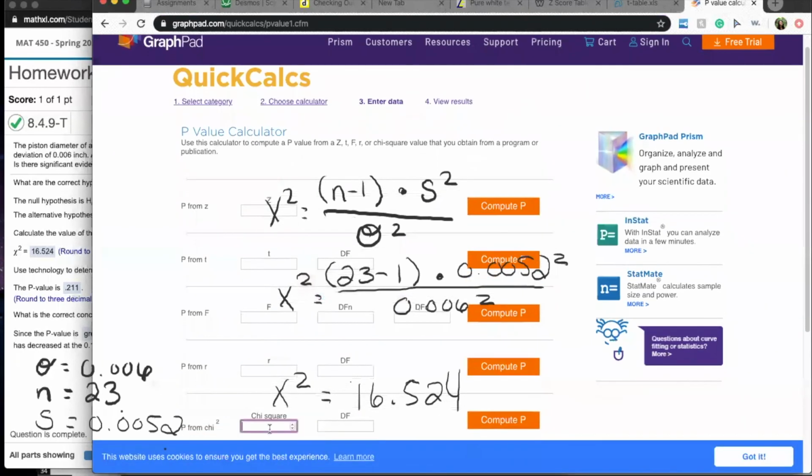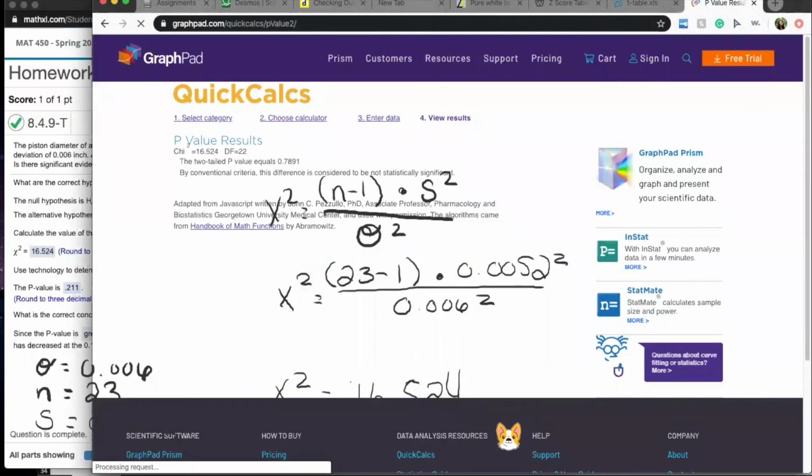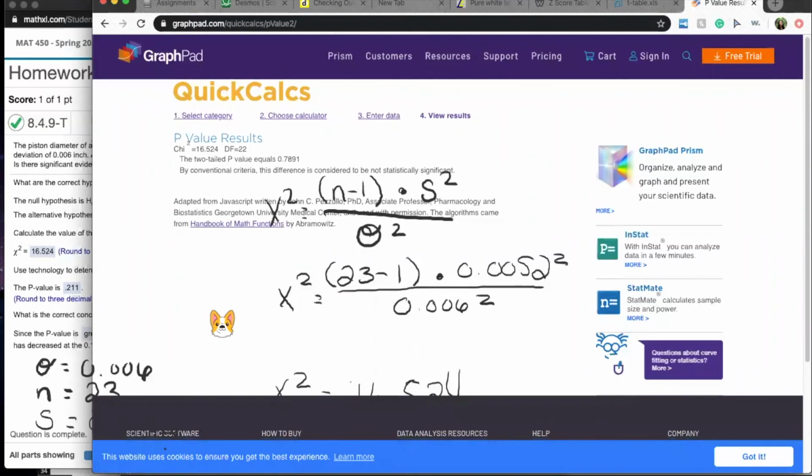You'll see that there's a chi-square option with degrees of freedom. So we'll plug in the chi-square we just calculated, 16.524, and our degrees of freedom would be 22. We can hit compute, and you'll notice that they give us a p-value of 0.7891.